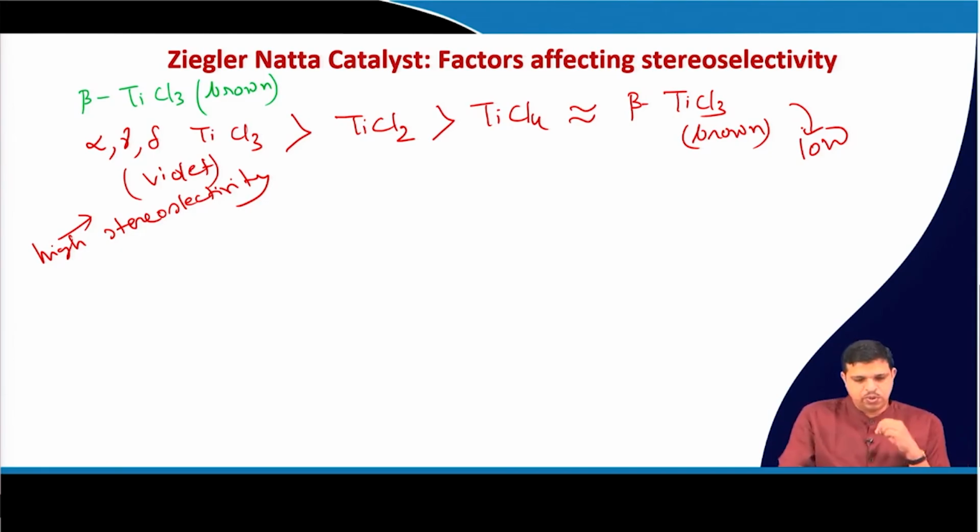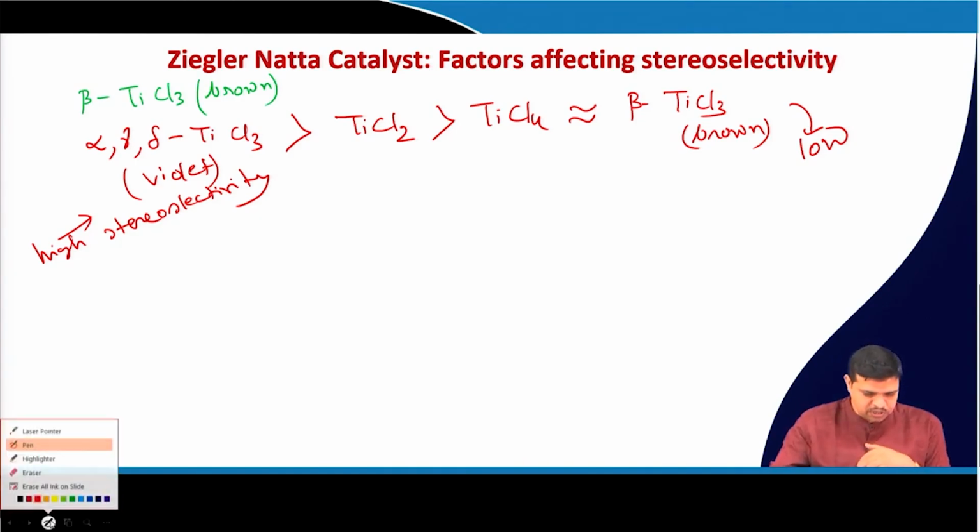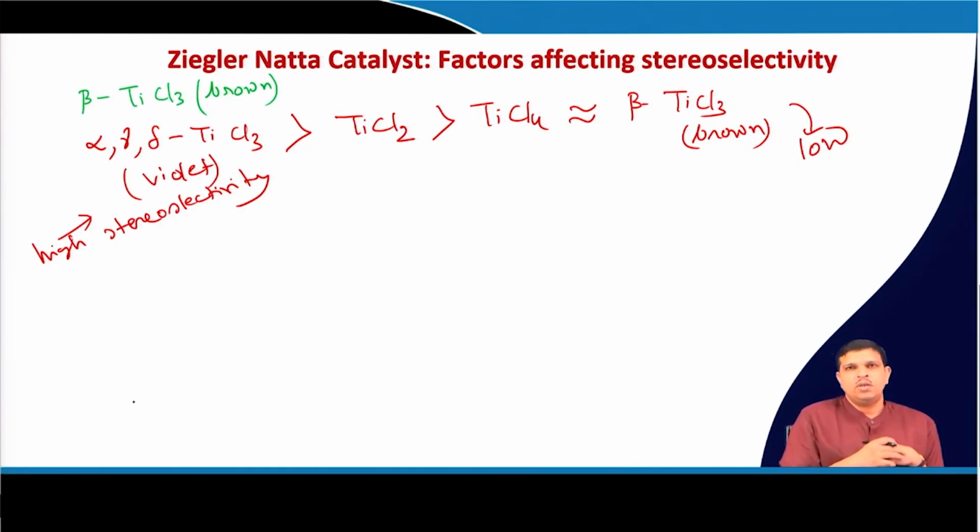I will try to emphasize what the factors are for observing this kind of difference. I will not go into detail on solid state; if you are interested in the solid state properties of TiCl3, you can study the related topic.